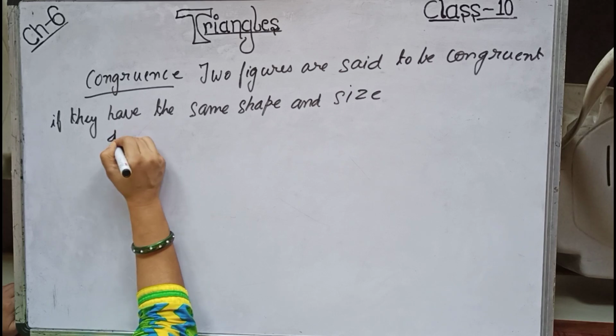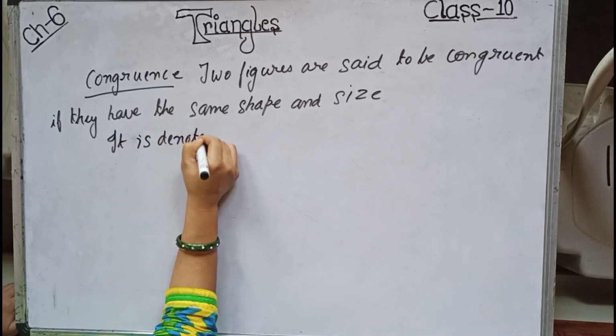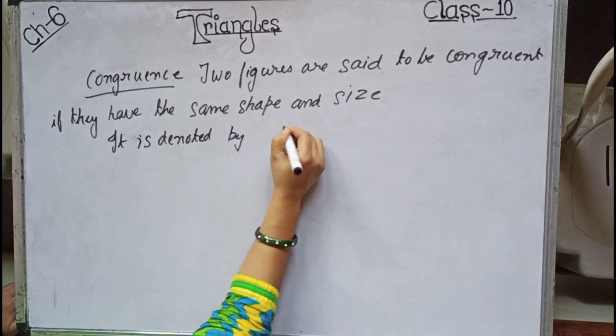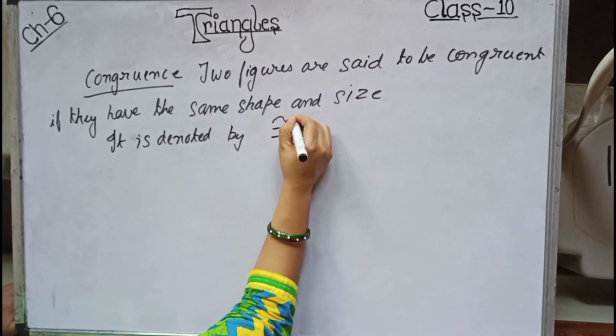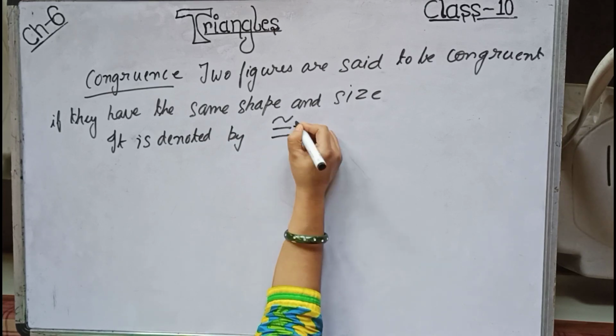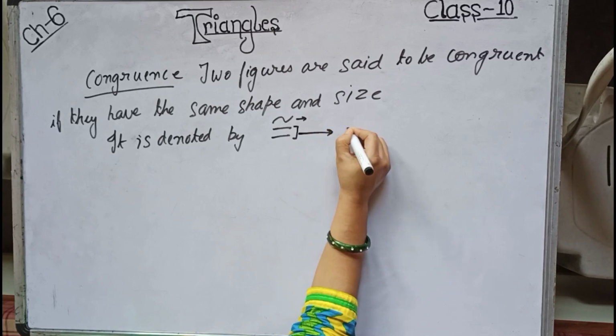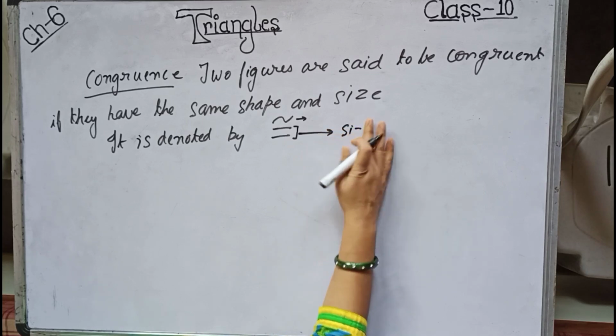It is denoted by the sign this one. Now in this sign we can see that two symbols are there, this equal to and this one. Now this equal to stands for size, means same size.